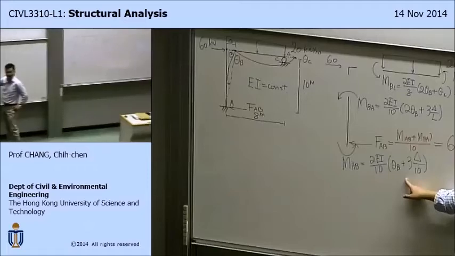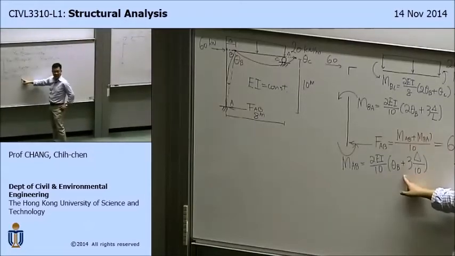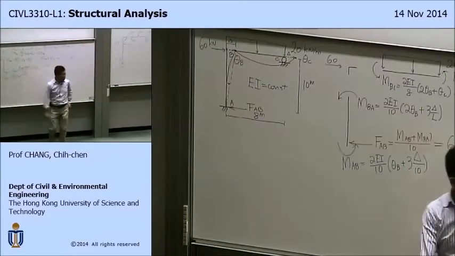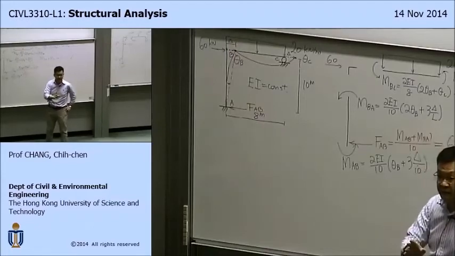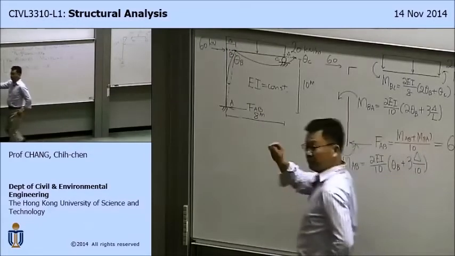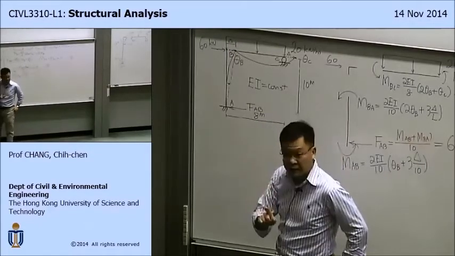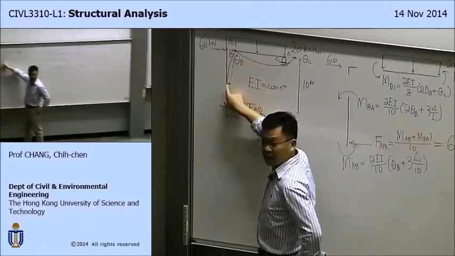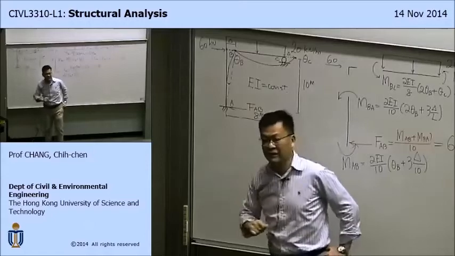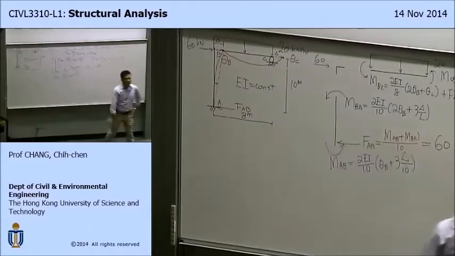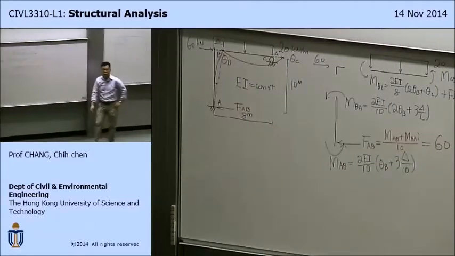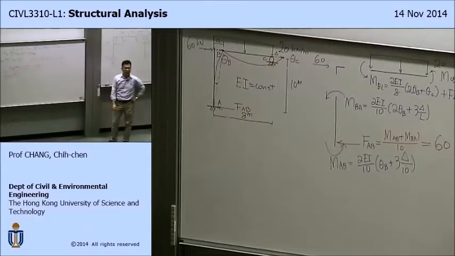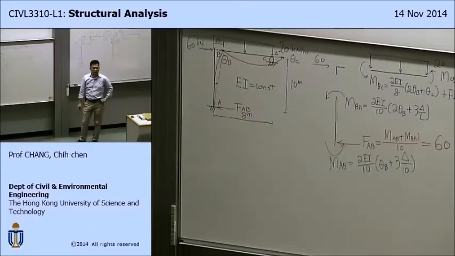This is plus, not minus, right? Now, the original equation is what? Minus, right? Minus 3 times the rigid body rotation angle. But this rigid body rotation angle is clockwise, so that becomes positive.